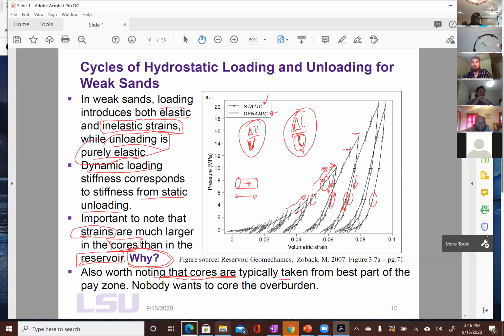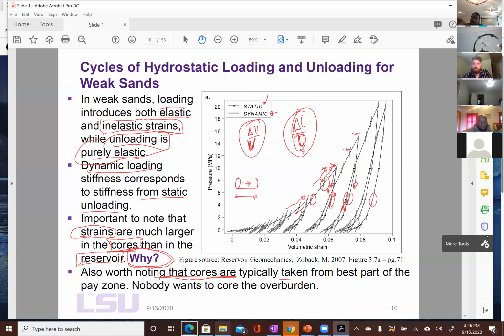But we don't stop at 5,000 psi when we perform our triaxial test, right? Because you want to know the yield stress. You want to know the rock strength. That's one of the critical MEM components. So to obtain the rock strength, UCS, you're going to have to apply enough stress until the material actually fails.